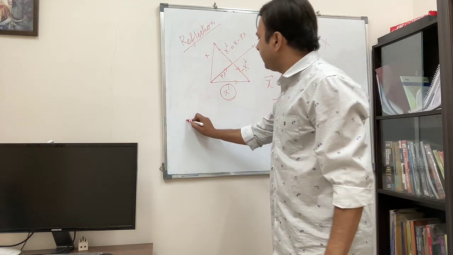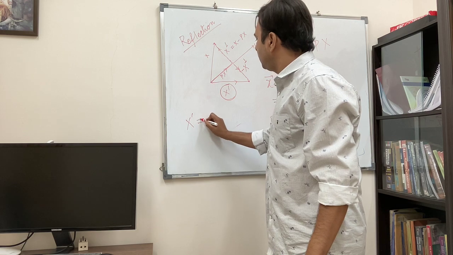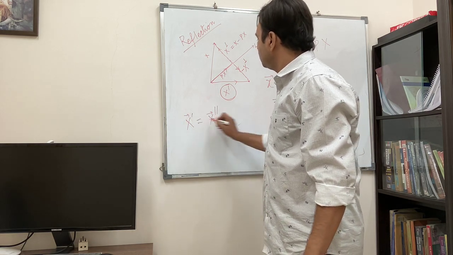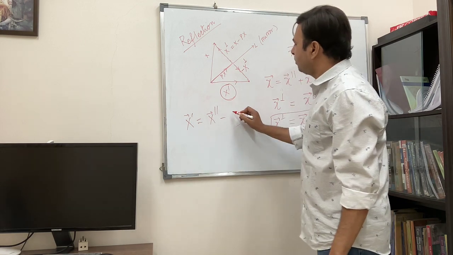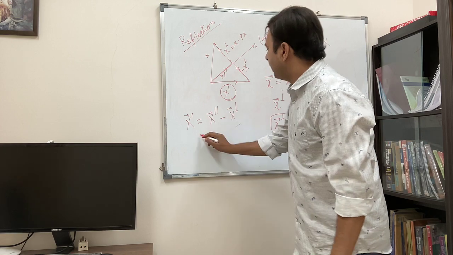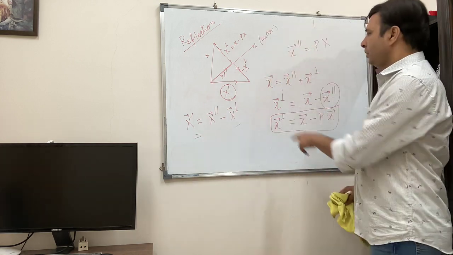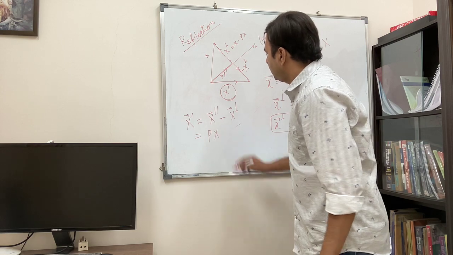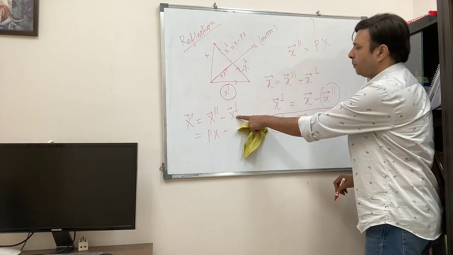So I can always write x dash is equal to x parallel minus the perpendicular part. And x parallel is nothing but p times x, minus x perpendicular, which was this.